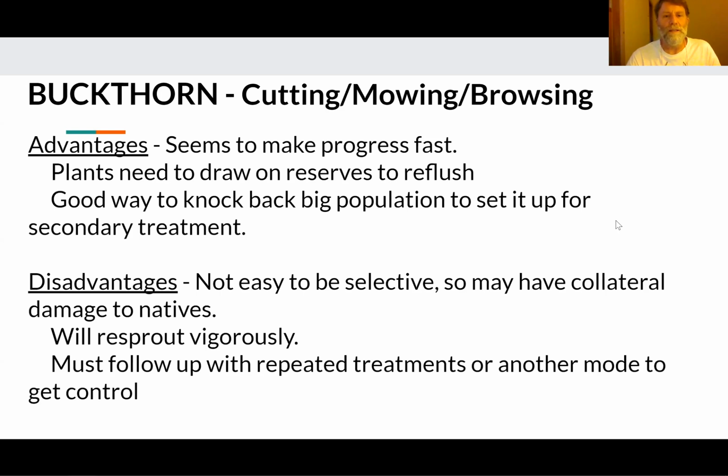Another sort of disadvantage or advantage of this is if you do it at the right time. So again, getting back to the phenology, if you do this after it's flushed all its leaves and maybe it's even started to flower a little bit, it's put all its root reserves into that. And once you cut it, it doesn't have as many reserves to flush again.